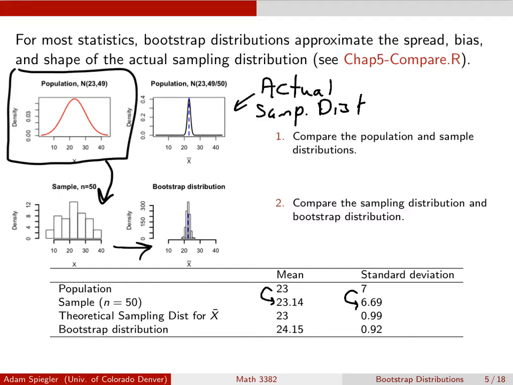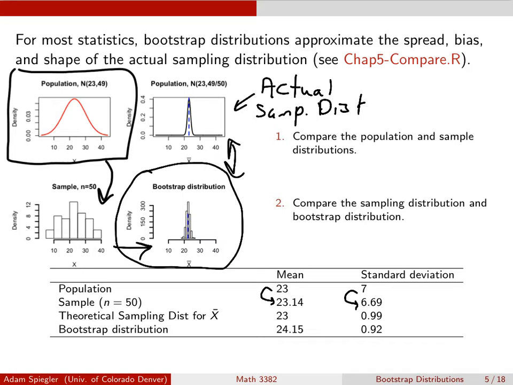So if I didn't know the information on the top row, and I only had a sample of size 50, and from that sample I went through this bootstrap process, here's an example of something we might get. Now let's compare this estimate for the sampling distribution, this bootstrap distribution, to what we would actually get if we had population data.